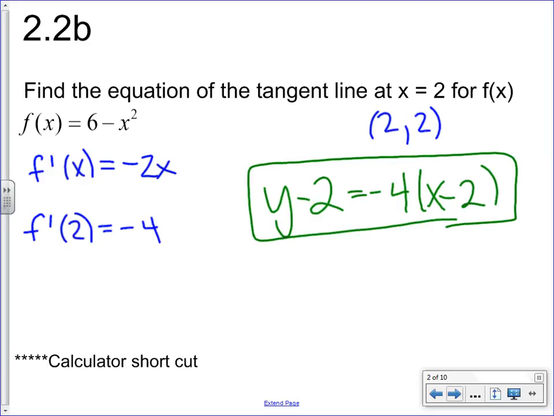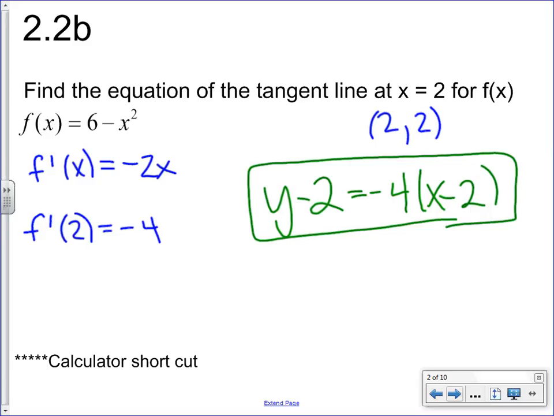Leave it in point slope form. Don't simplify it. That's the slope at the point. That's the instantaneous rate of change at the point.